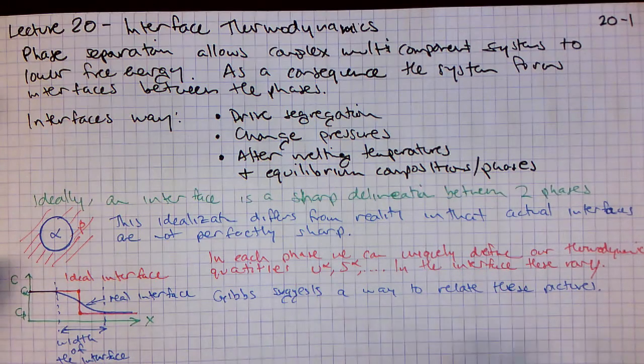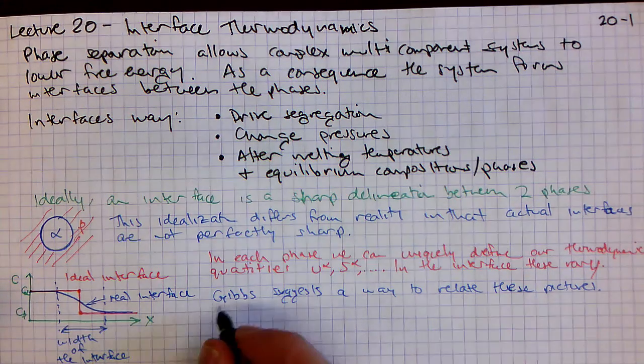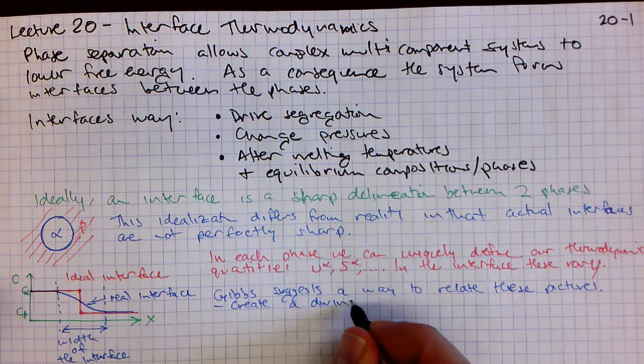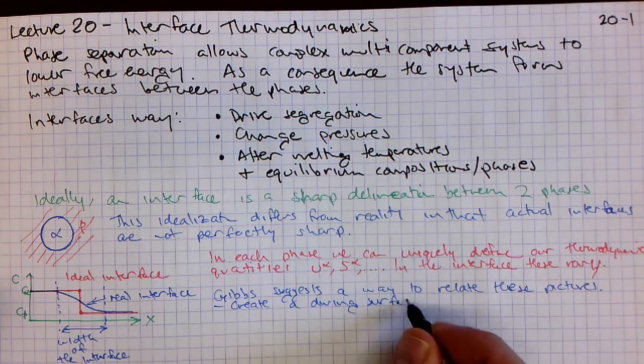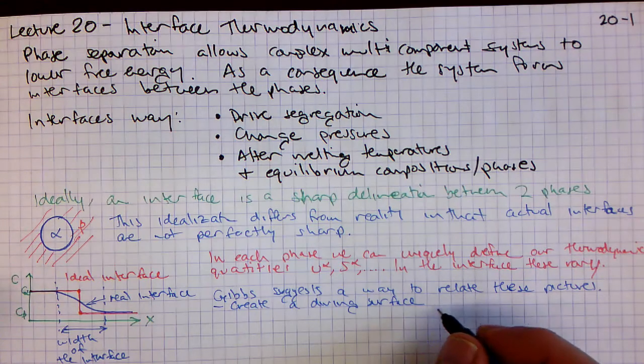And he would say that, okay, we can define a dividing surface. So create a dividing surface, which we'll call the Gibbs dividing surface. And you can put it anywhere, somewhere in the interface region. Where to put it is somewhat arbitrary.